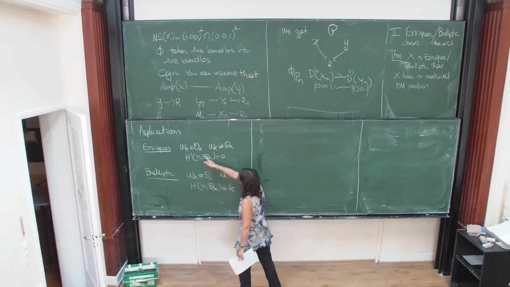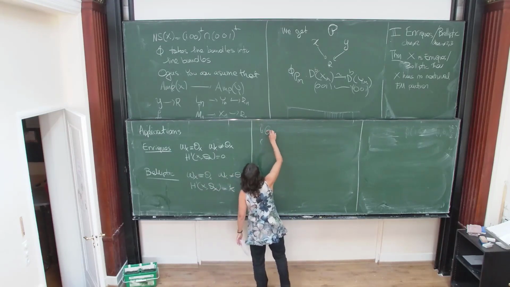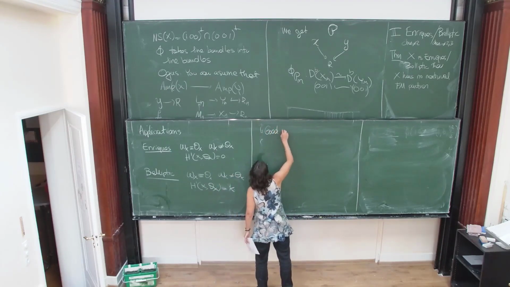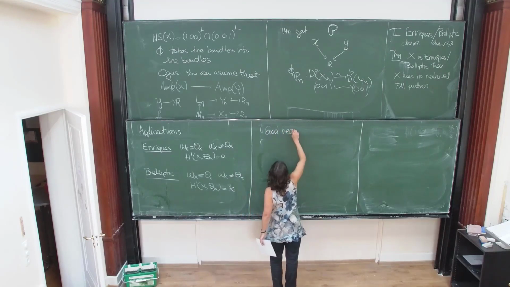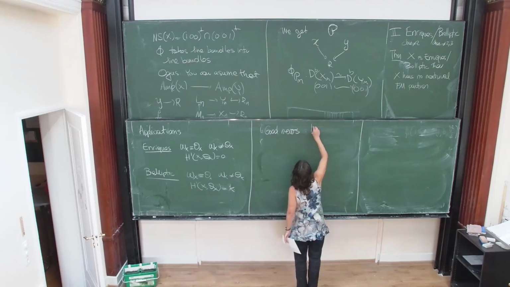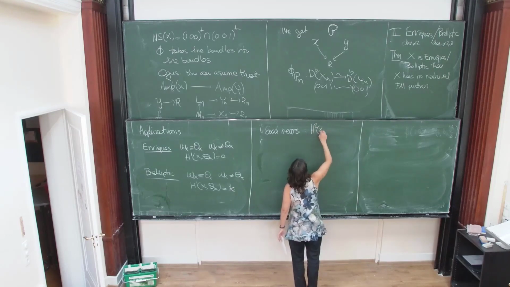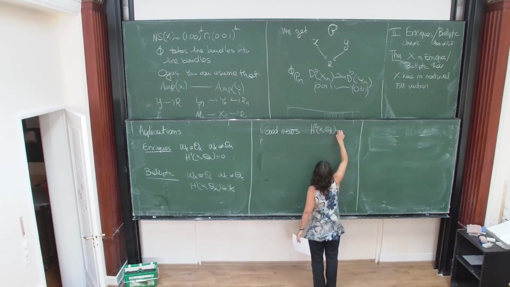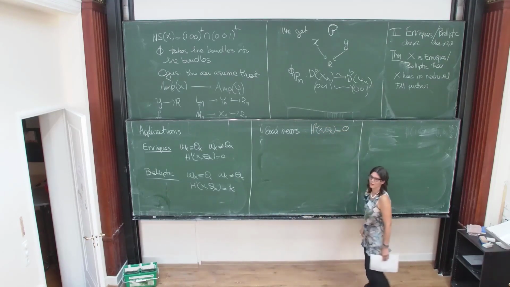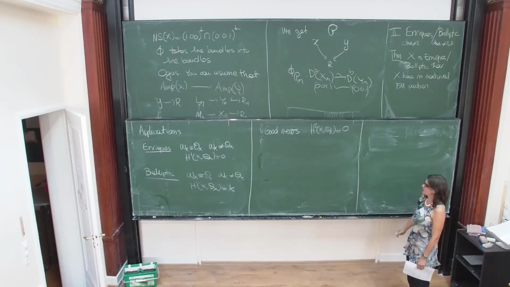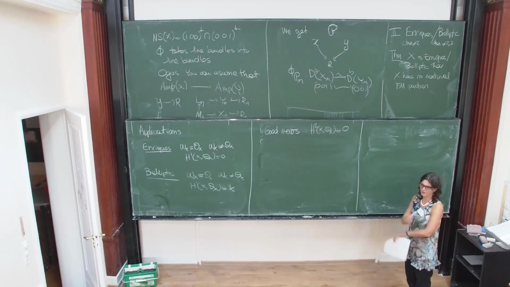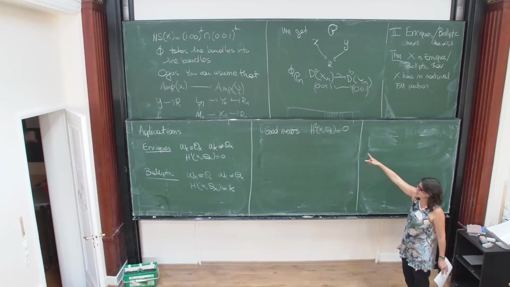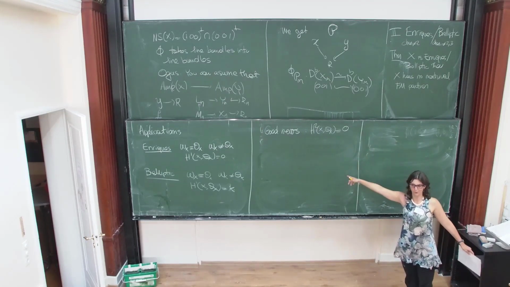Okay, so the good news for both of them is h2 of O_X is 0, and also h2 of the tangent bundle is 0. So they deform projectively, every line bundle deforms.